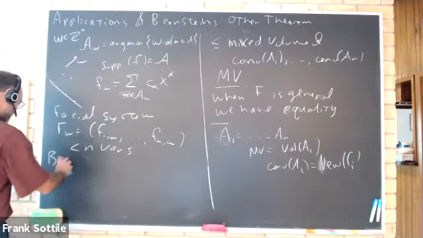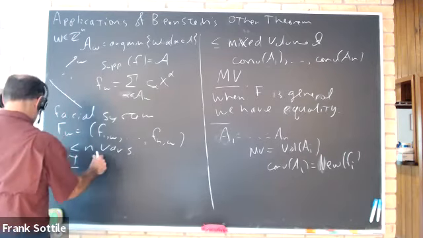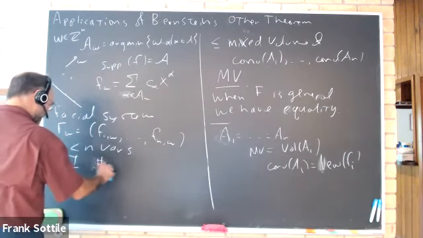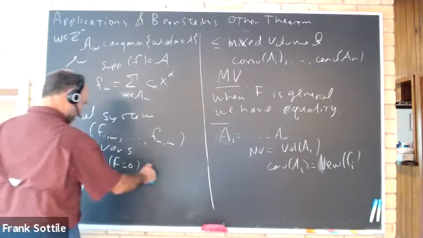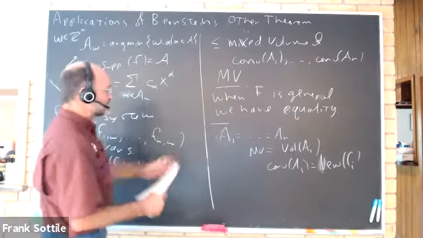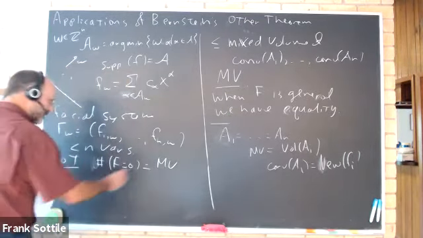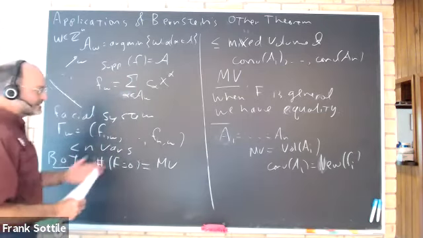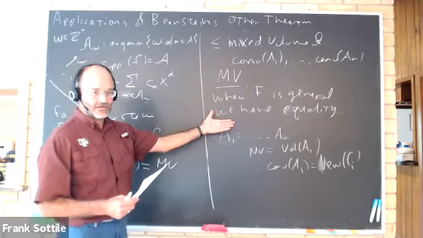So then Bernstein's other theorem says that the number of solutions to my system is equal to the mixed volume. This is this equality here. It tells you exactly when this occurs, and it's very powerful. It identifies exactly the situation when you do not have equality.